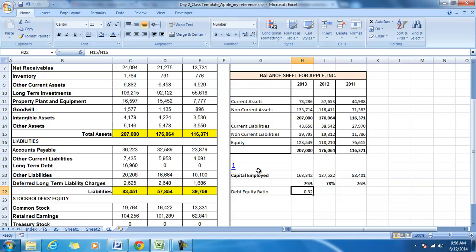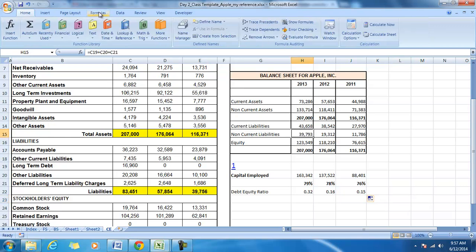A significant part of the capital employed is equity. So Apple is an out and out equity driven company, and the debt equity ratio was definitely much below 0.32 in the previous year, because in the current year 2013 they made a huge borrowing, which is the long-term debt.